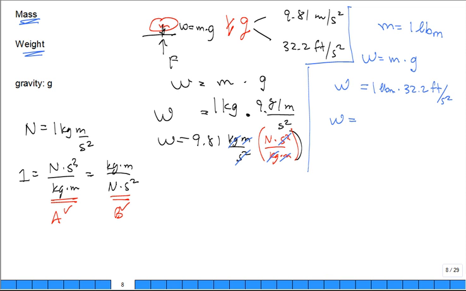What is the weight of 1 pound mass in the Earth's gravitational field on the surface of the Earth, where g is 32.2 foot per second squared? And the question typically comes and says, well, it's going to be A, 1 over 32 lbf, B, 1 lbf, or C, 32 lbf. Okay?